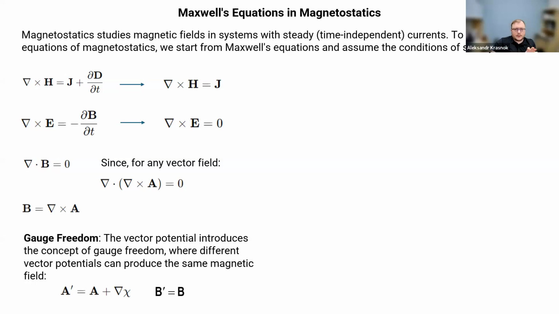You can always add a gradient of any scalar field kappa to this vector potential field A, because the curl of any gradient is equal to zero. So this change in the potential doesn't change the magnetic field. Okay. Yeah, I mean, we will probably touch upon this point of gauge freedom once again.